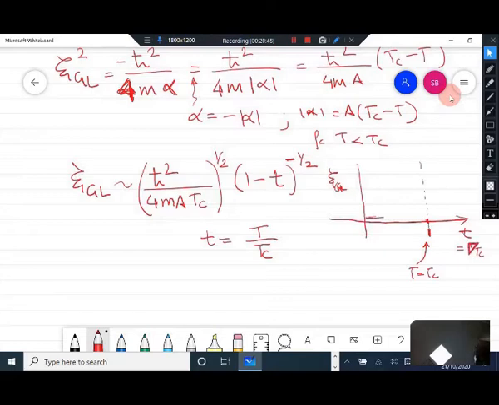It doesn't have much temperature dependence, but it is going to diverge as you approach the superconducting-normal interface. At Tc, the coherence length is going to diverge.